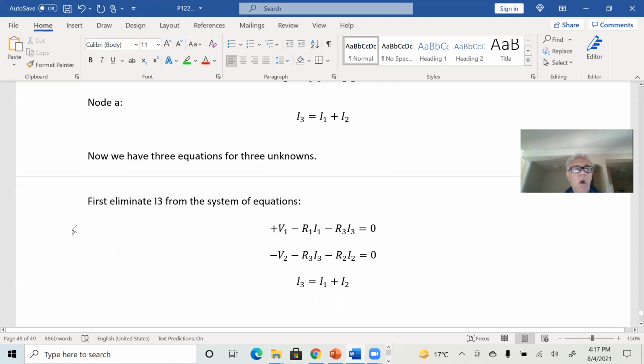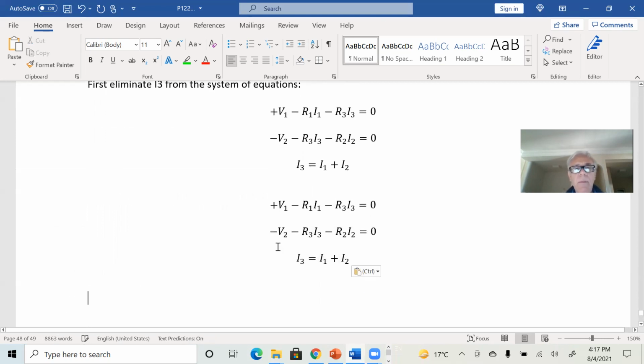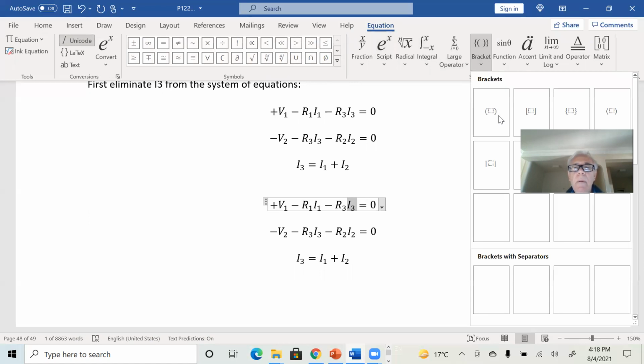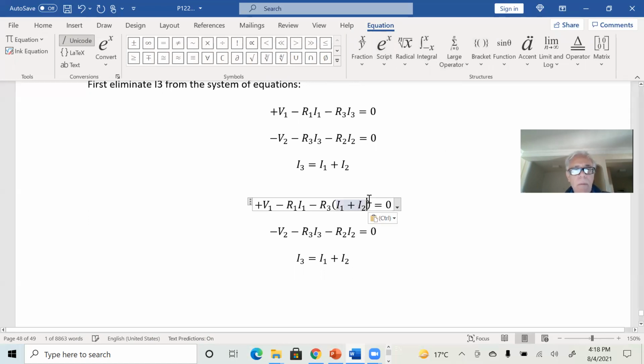Copy and paste. I3 is going to go here, and it's going to go here.